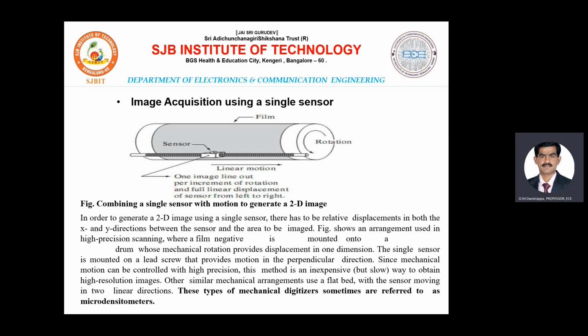The figure shows an arrangement used in high-precision scanning, where a film negative is mounted onto a drum whose mechanical rotation provides displacement in one dimension.